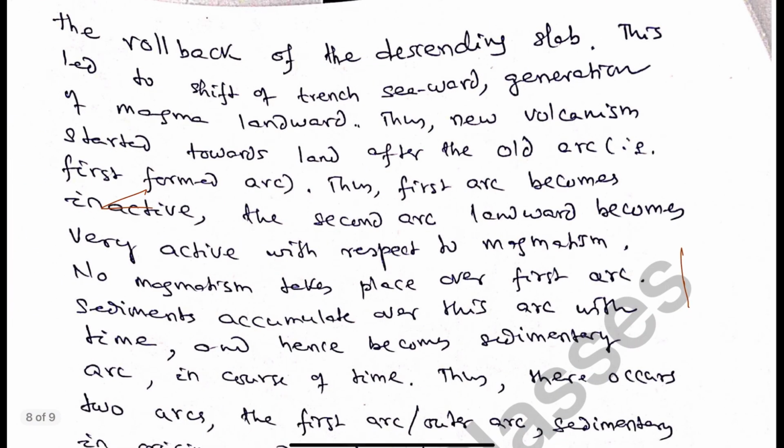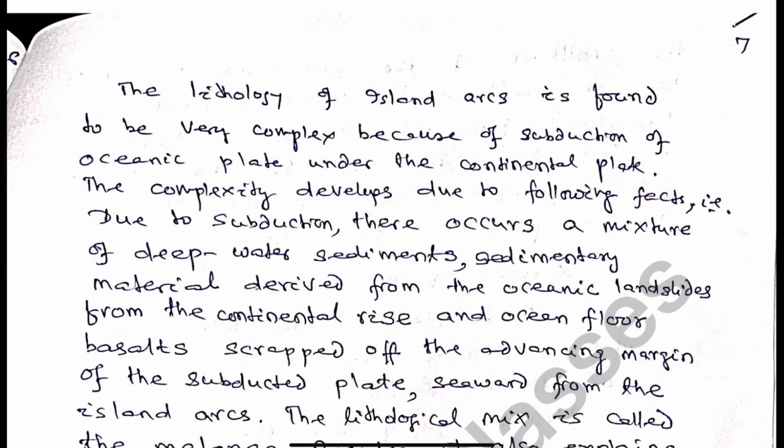So this is all about island arcs: how island arcs are produced, where they are produced, and how double island arcs are produced through a change in the angle of dip of the subducting plates, that I tried to explain.